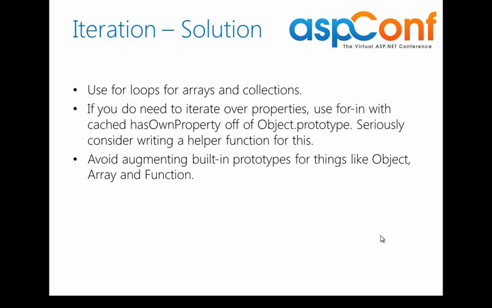You can seriously consider writing a helper function for this, and avoid augmenting basic types like Object, Array, and Function. This can be very tempting to do, simply adding some extension methods or extension-method-like properties to Object and Array and Function, calling them from everywhere. But if someone doesn't know that those things have been augmented, they can cause various logical errors that are quite difficult to track down.